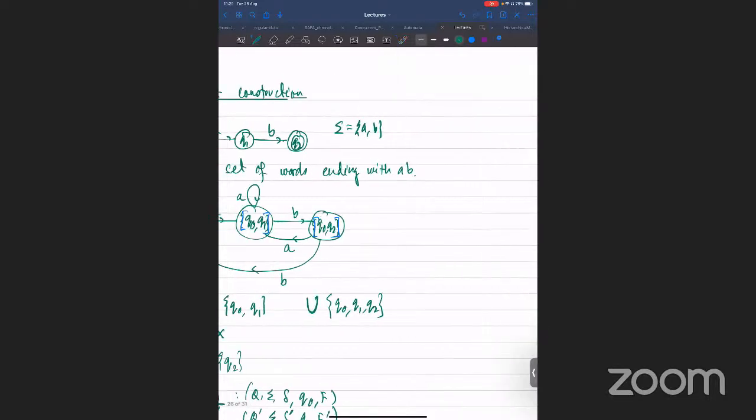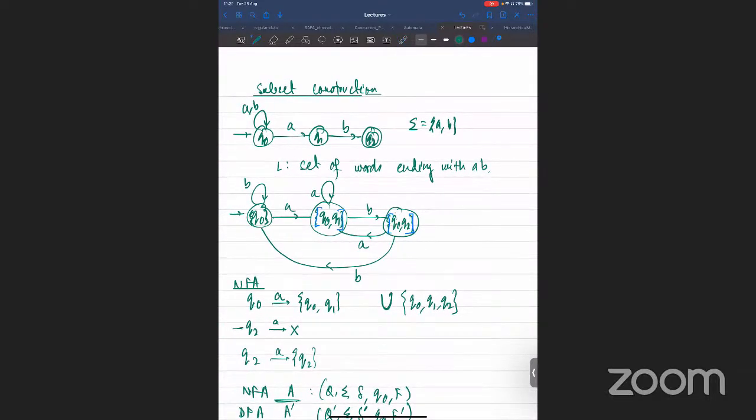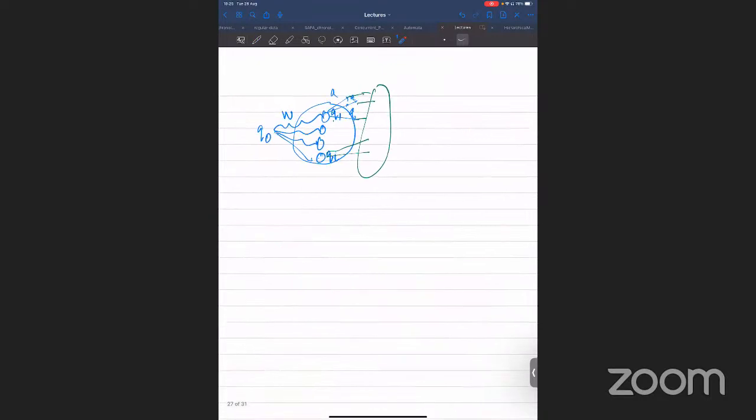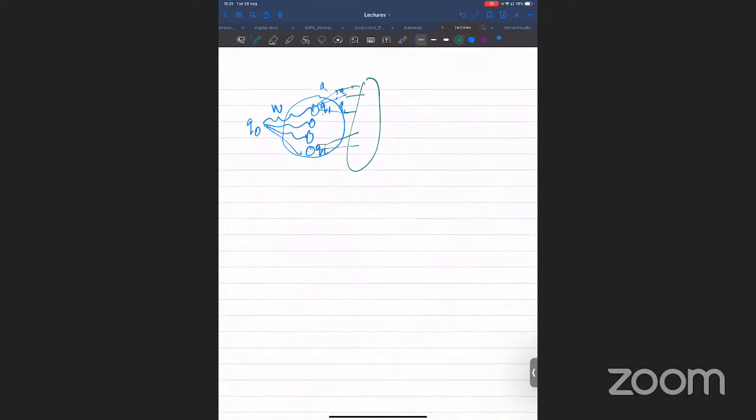Good. So we just looked at one example: given an NFA, how do we construct the DFA. Given such an NFA, we saw how we construct the DFA. What we would like to do now is show that indeed this construction is correct, right?